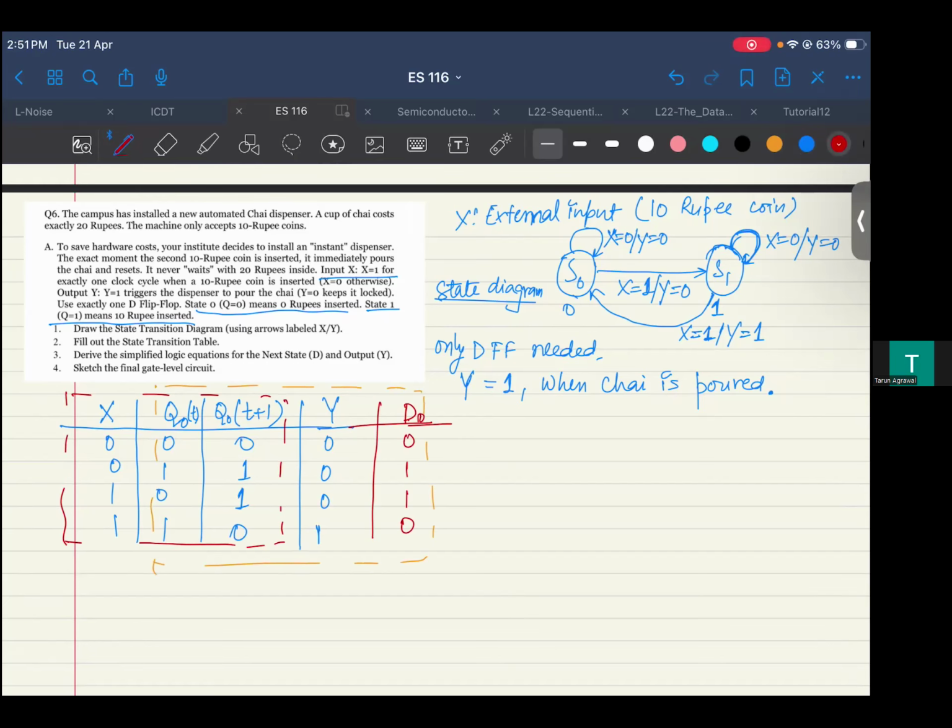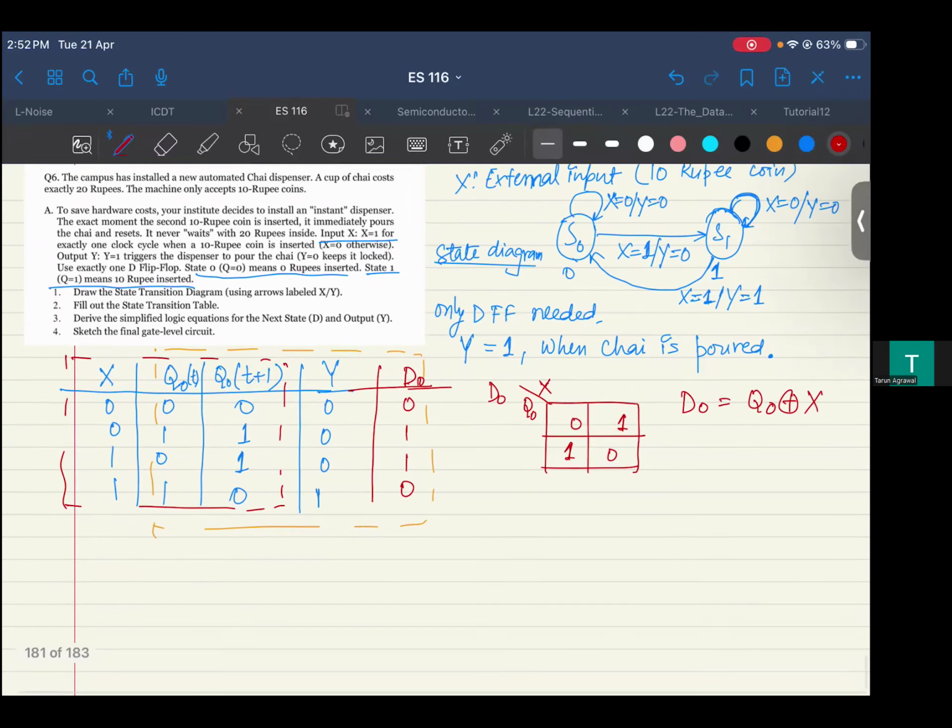Now that we have D naught, we can solve it in terms of X and your Q naught, and you see it is an XOR function, right? That is what it is. So D naught is basically Q naught XOR X.